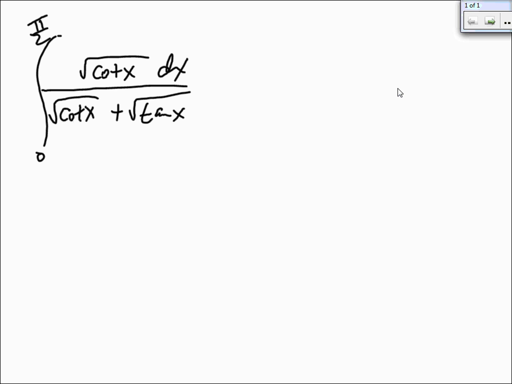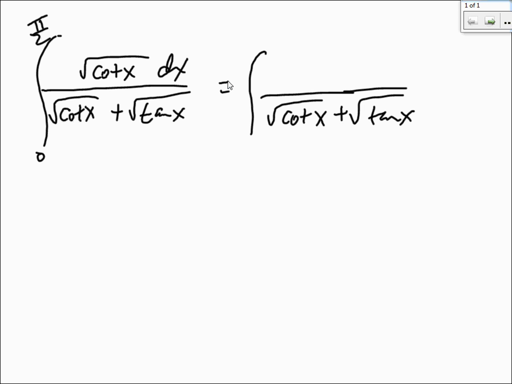You know what? I'm going to rewrite this integral so the bottom stays the same, but the top is going to be the other term. That is, I maintain that this integral is the same as, in the bottom, the square root of cotangent x plus the square root of tangent x, but on top, we're going to have the square root of tangent x dx.